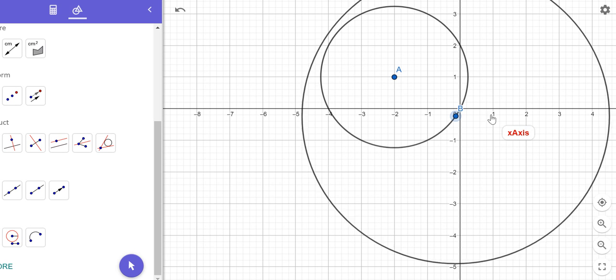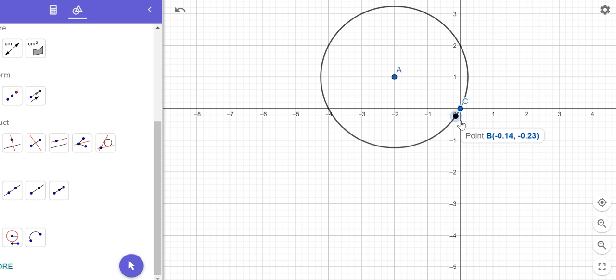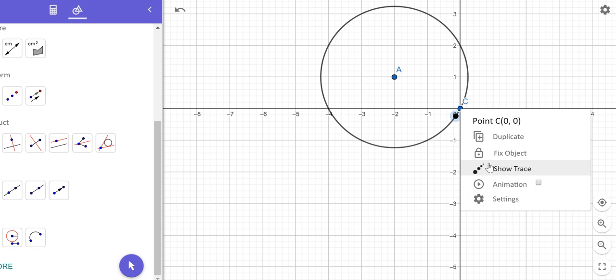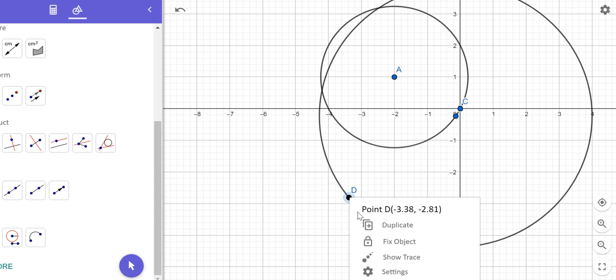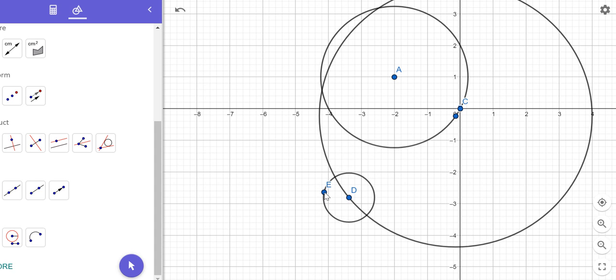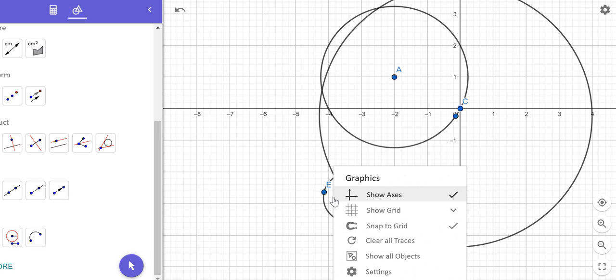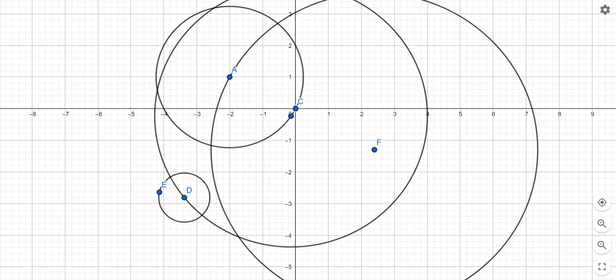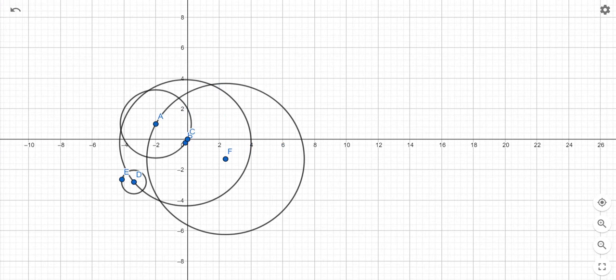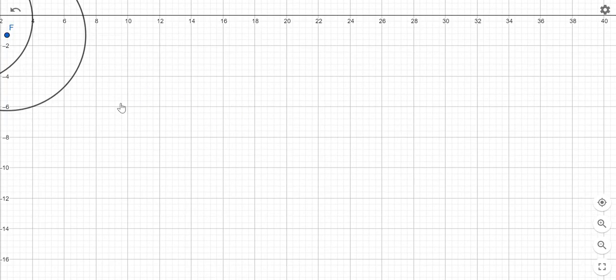I made two different circles here. I need to delete the things I've made first. Every time I'm clicking, I'm creating a circle. Okay, let's start from the beginning. I've created a monster here.